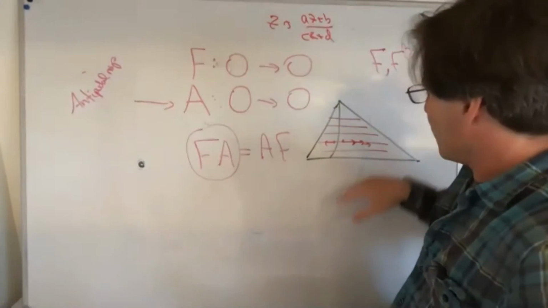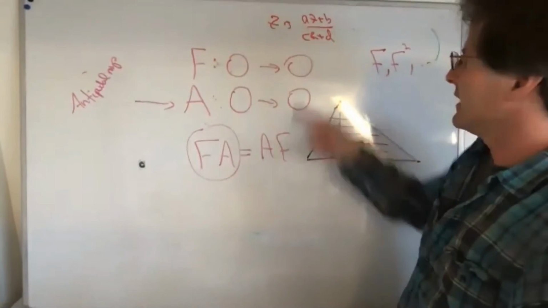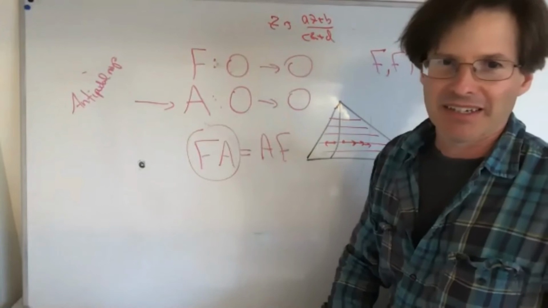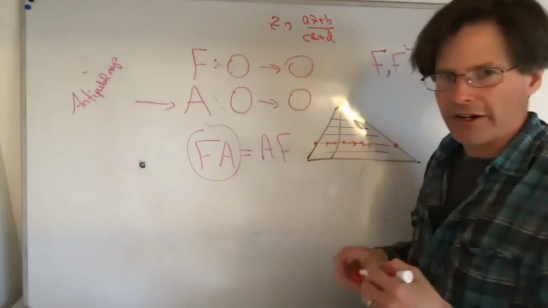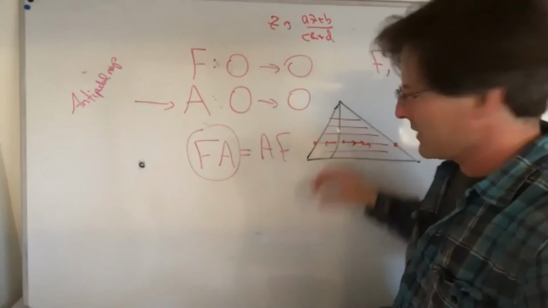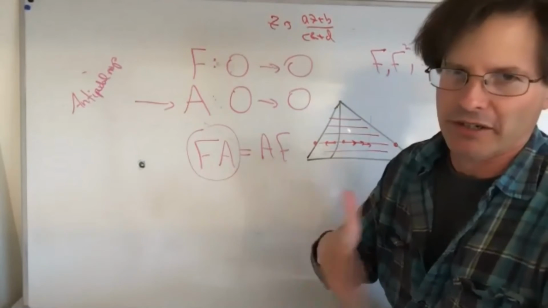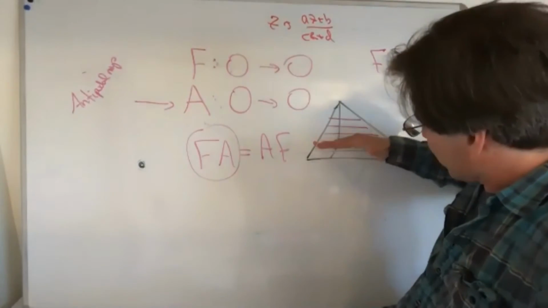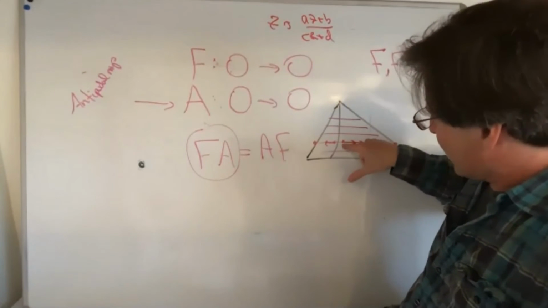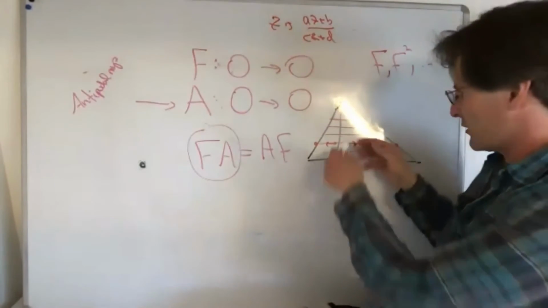And when you restrict FA to each of these line segments, it's a map like this, and it has a fixed point over here, and also over here. The entire map is what people call birational. It's given by the quotient of two polynomials. It preserves the horizontal lines, and when restricted to each of these segments, it's a linear fractional transformation.